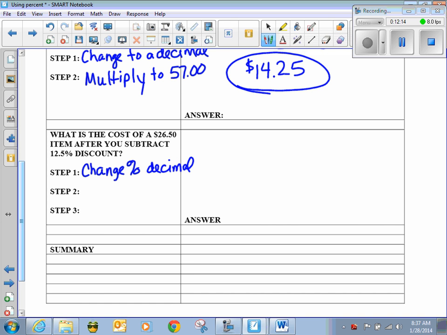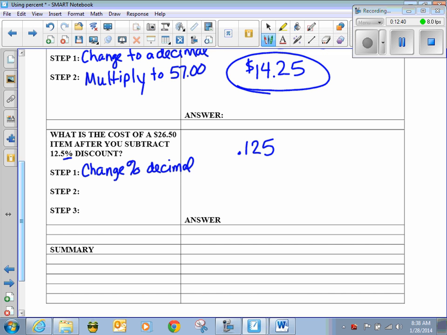You say, well, it already is a decimal. No, it's not. That percent symbol says it's in percent form. It happens to be a percent that has a decimal in it. Decimal form means that we're taking it out of that form right there. So 12.5% is going to equal 0.125. There we are. We've changed it to a decimal.